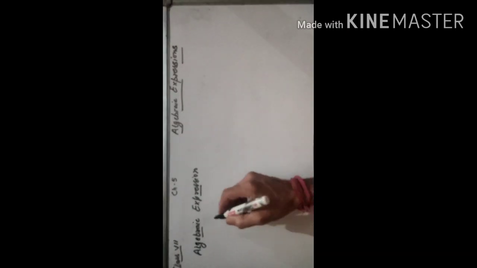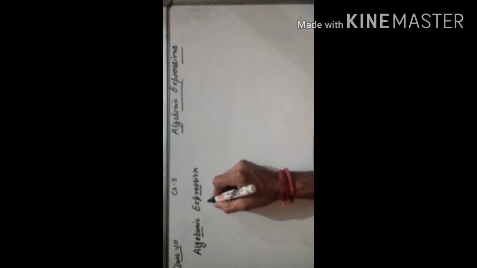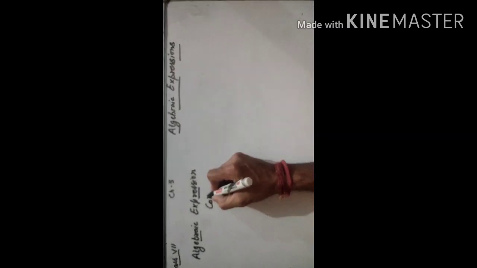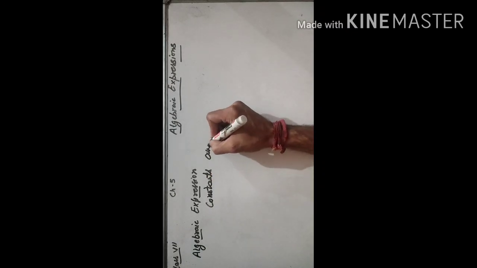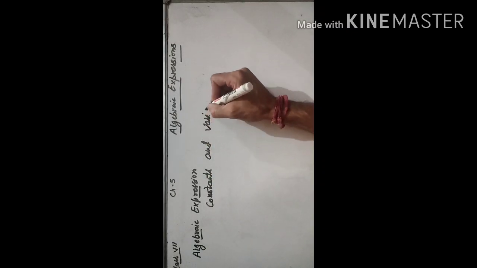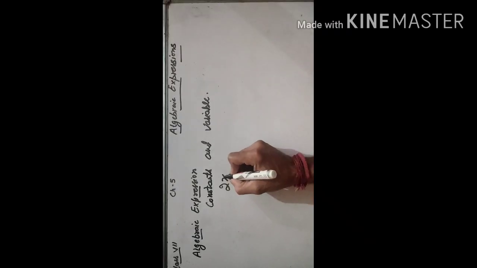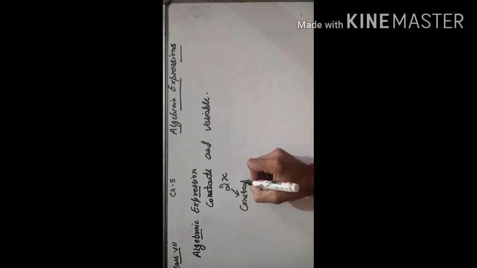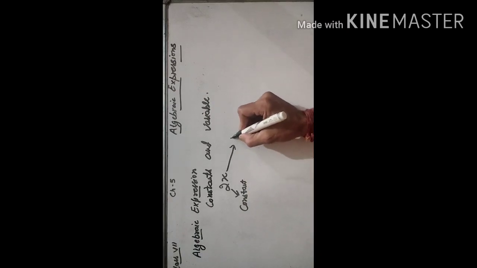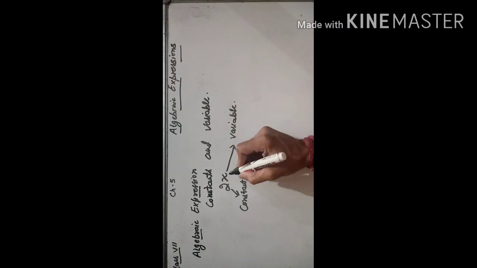In algebraic expression, we use two types of symbols, that is constants and variable. If I simply write 2x, here 2 is constant and x is variable. Why is x called variable?